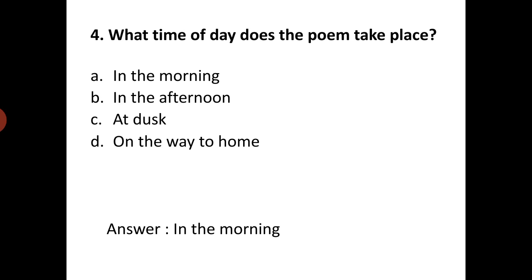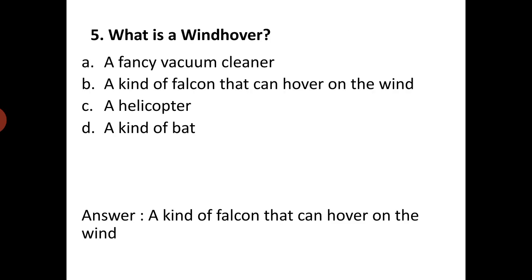Options: in the morning, in the afternoon, at dusk, on the way home. Answer, in the morning. Fifth question: what is a windhover? Options: a fancy vacuum cleaner, a kind of falcon that can hover in the wind, a helicopter, a kind of bat. Answer is a kind of falcon that can hover in the wind.